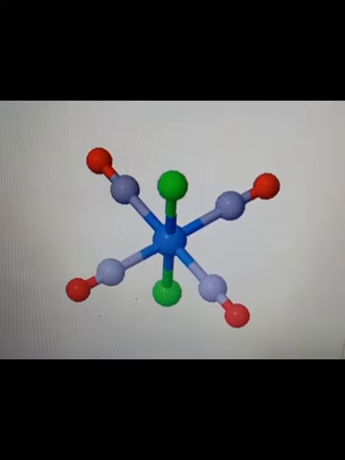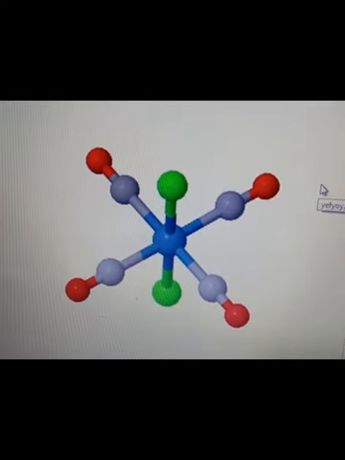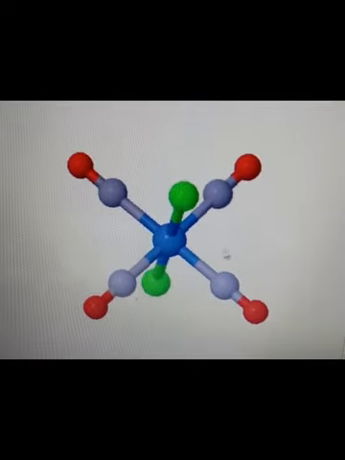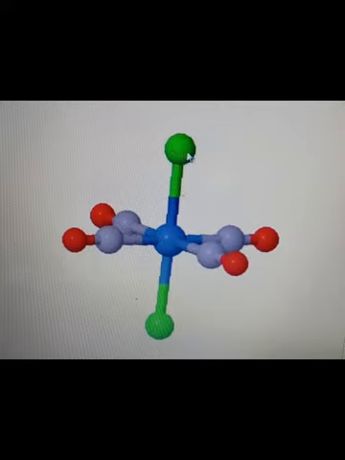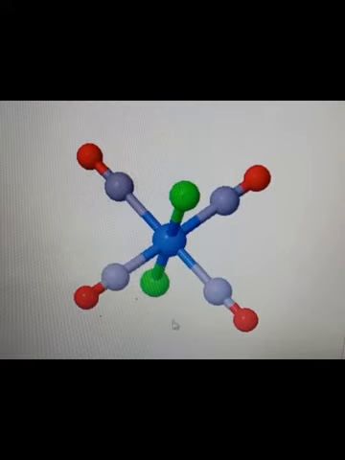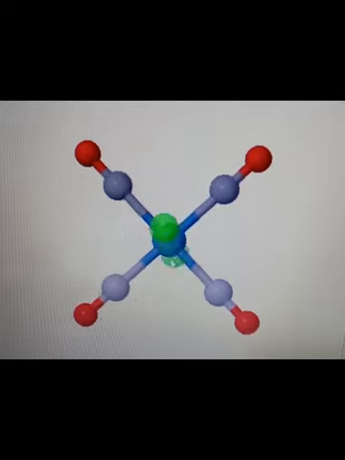We have the next example, that is the tetracarbonyl dichloroosmium complex. This is a central osmium atom, with these green atoms representing the chlorines, and these groups representing the carbonyls.